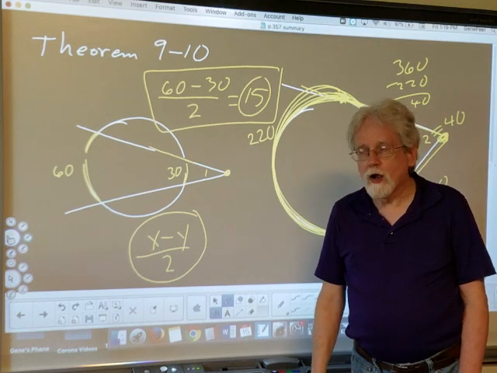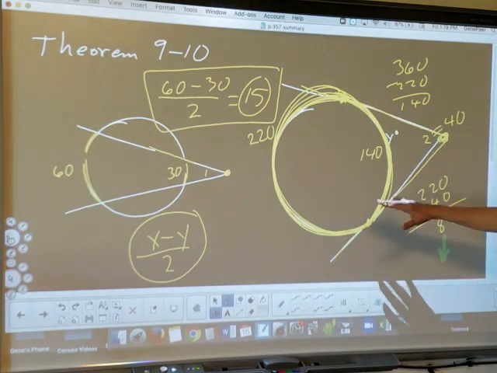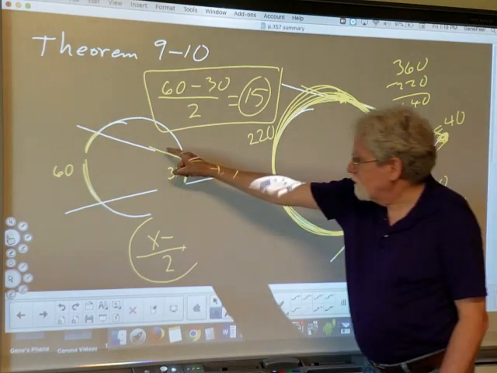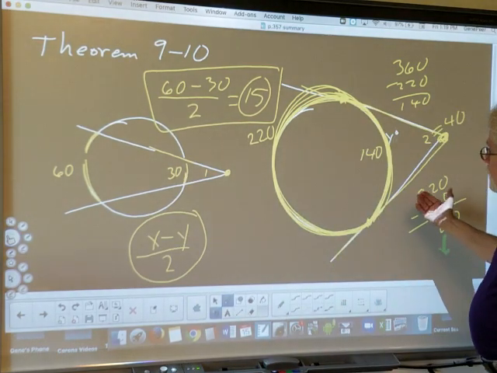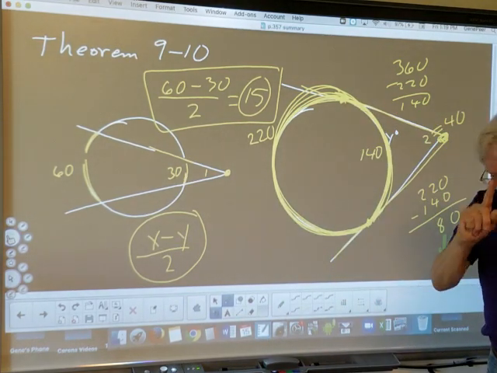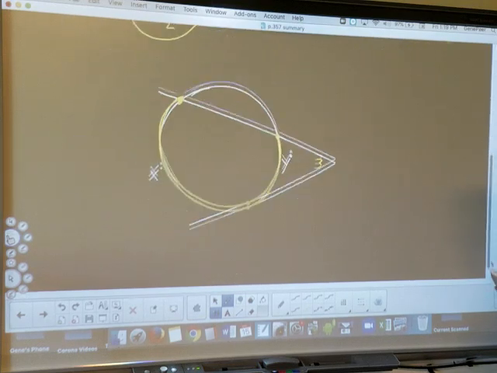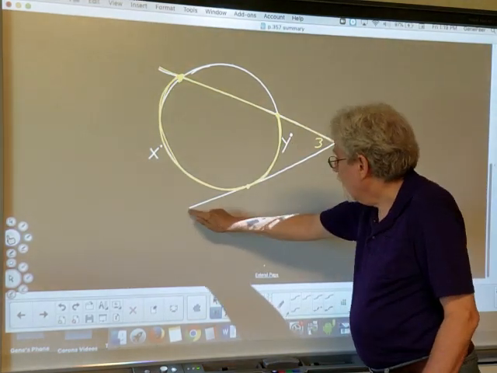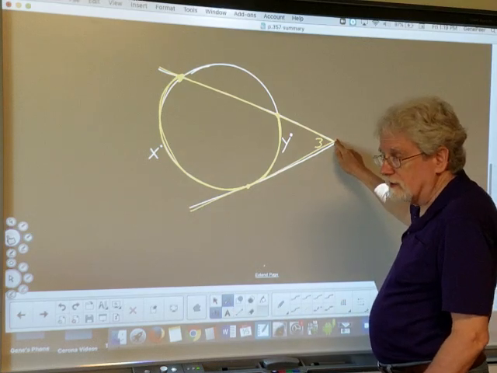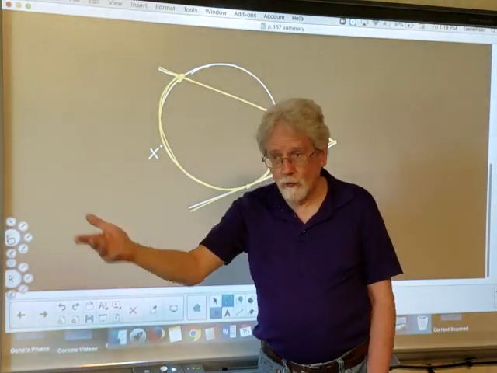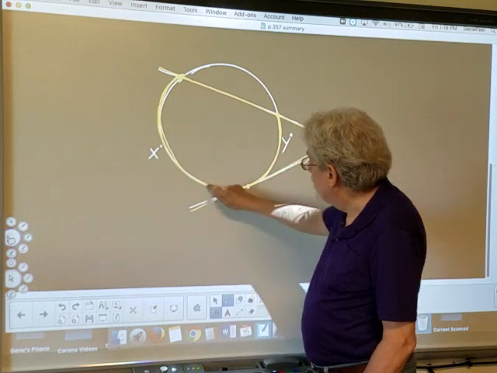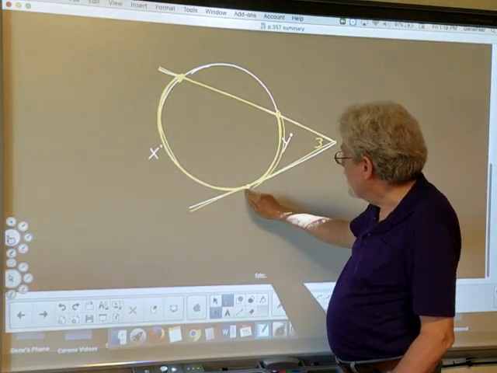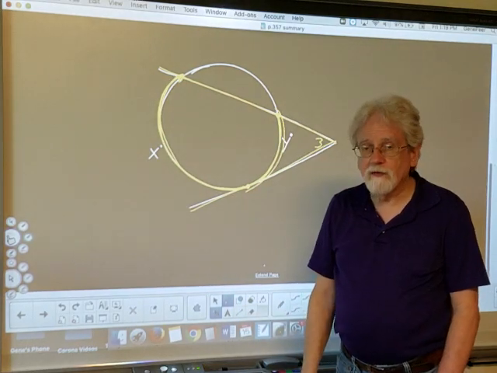All right, there's a third case. Case 1, 2 secants. Case 2, 2 tangents. Same rule. Case 3, 1 of each. A secant and a tangent. Guess what? Same rule. You still subtract this arc from that arc and take half.